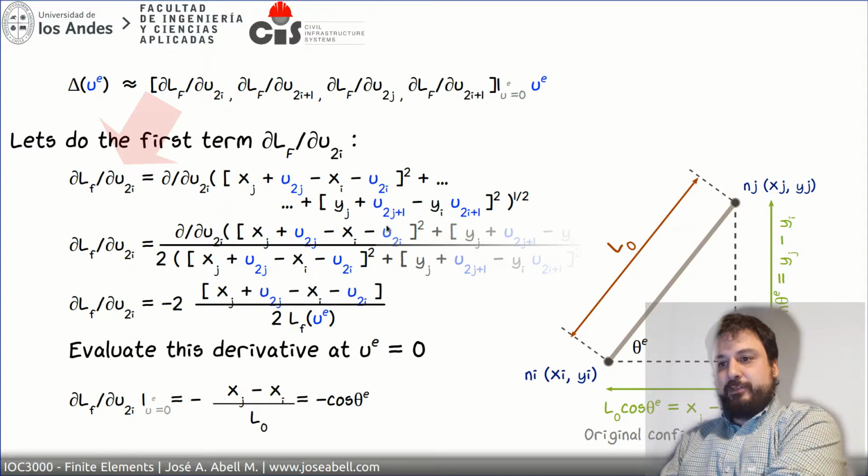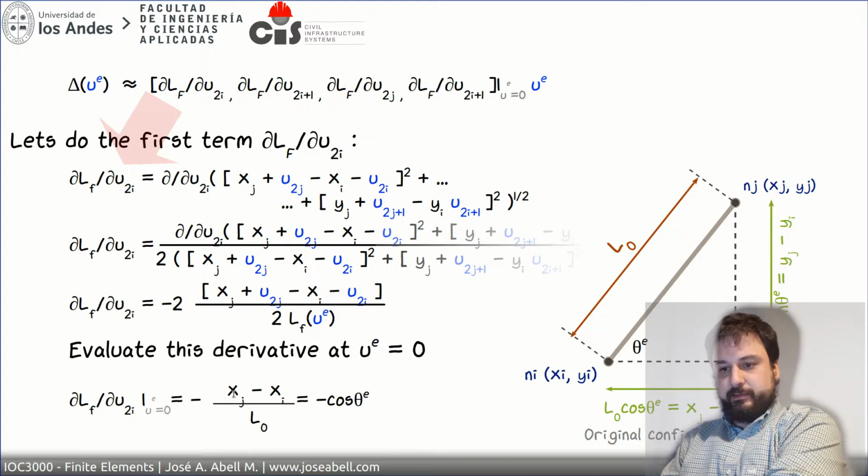And if you follow through with the partial derivatives, you'll find out that you get this expression, which involves just the nodal coordinates and the changes in the degrees of freedom, over 2 times the original length, or the final deformed length of the bar. But we need to evaluate this derivative with respect to the undeformed shape. So this actually becomes the original length.